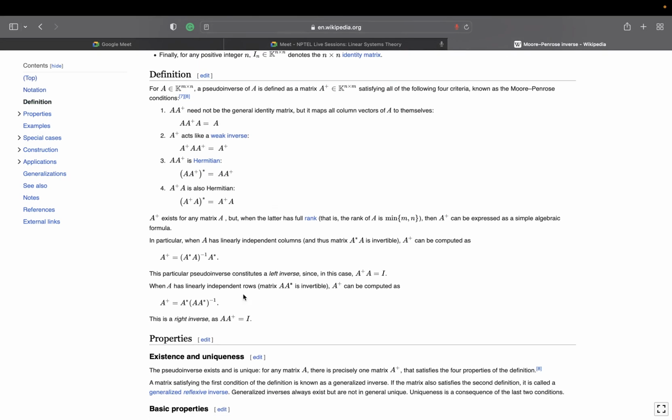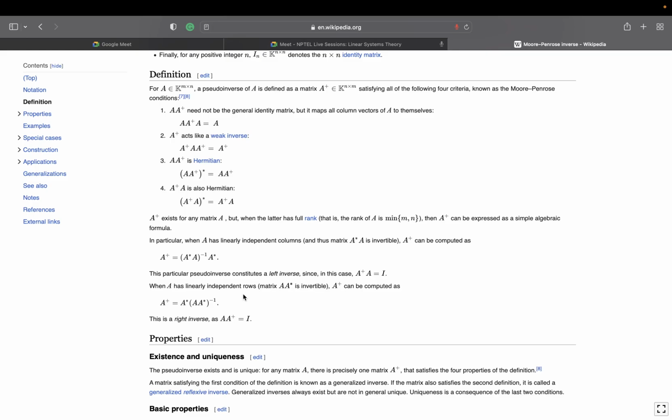Yeah, it's nothing but A transpose A, the whole inverse. In this case it's x0 transpose x0, the whole inverse, times x0 transpose. Okay, this is my pseudo inverse. So this is the definition of the pseudo inverse if they have linearly independent columns. And there is one version for linearly independent rows also. Now in this case, since the rank may be different, linearly independent columns and rows might be different. Okay, so how do you take this?